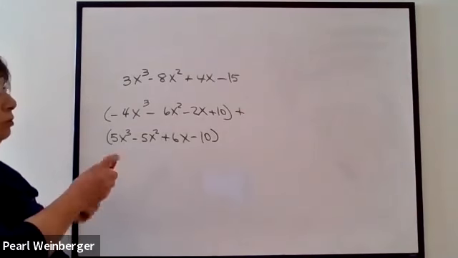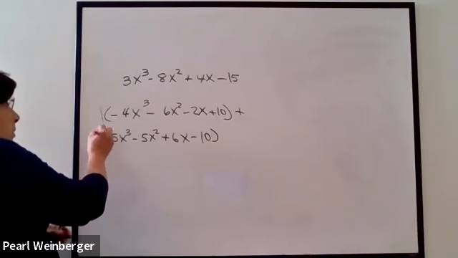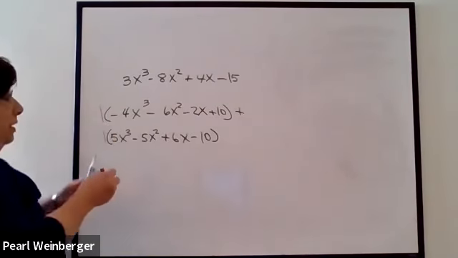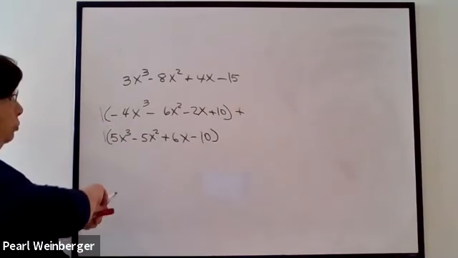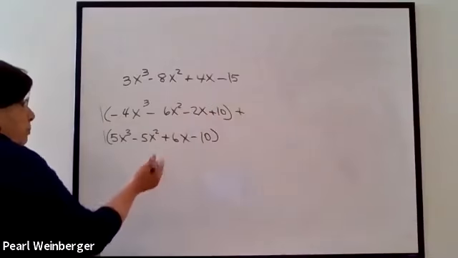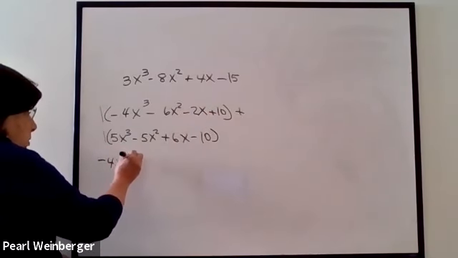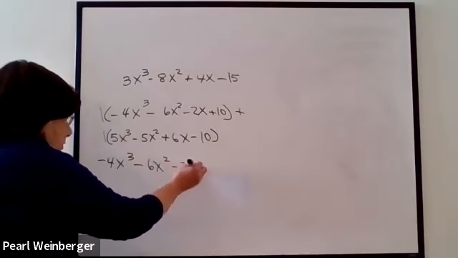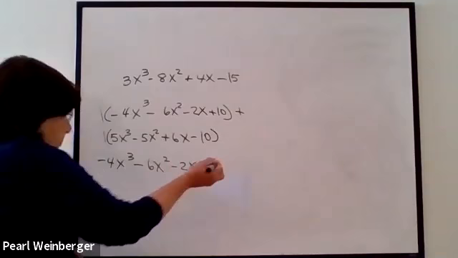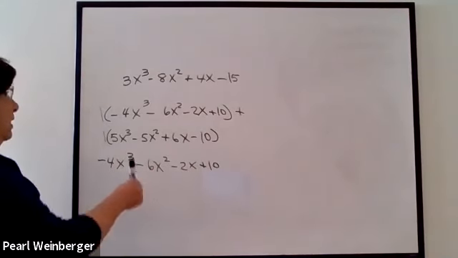And in order to remove the parentheses, I have to consider as if there's a 1 in front of each of those parentheses. So multiplying everything in the first parentheses by 1 will just give me negative 4x cubed minus 6x squared minus 2x plus 10. Multiplying by a positive 1 doesn't change anything.